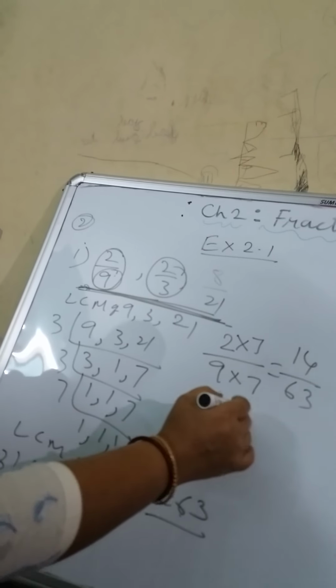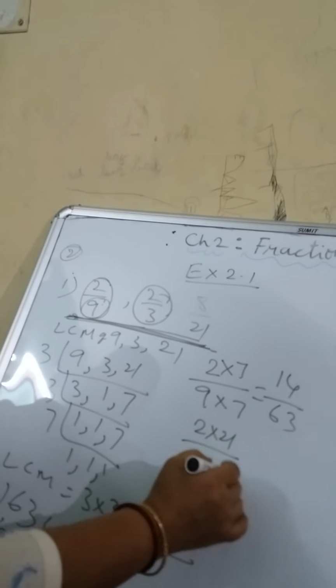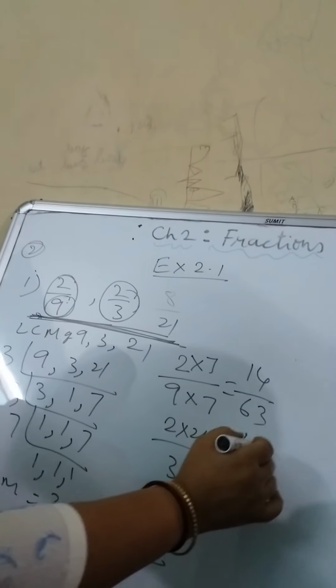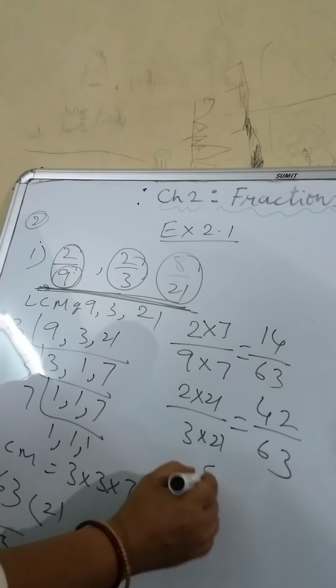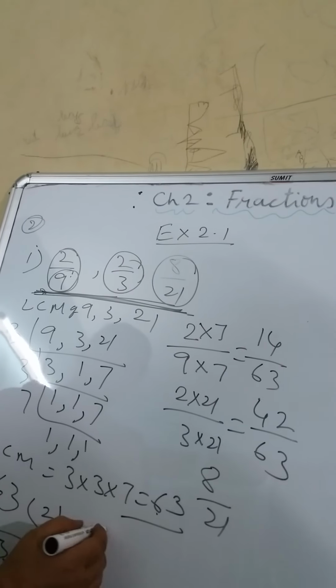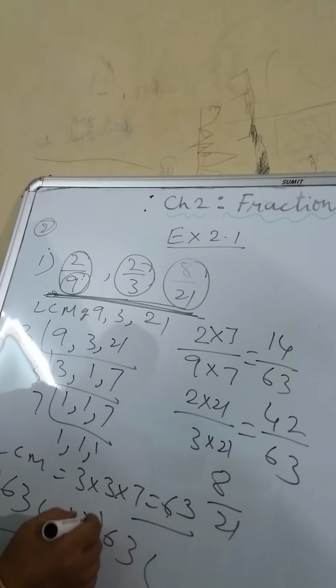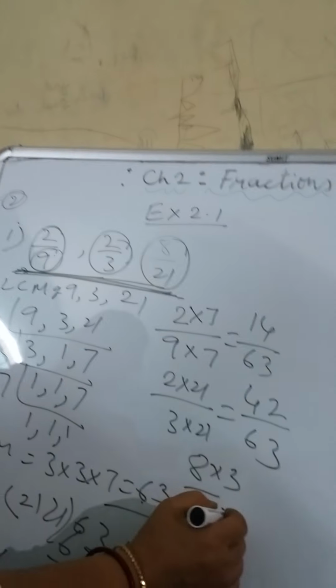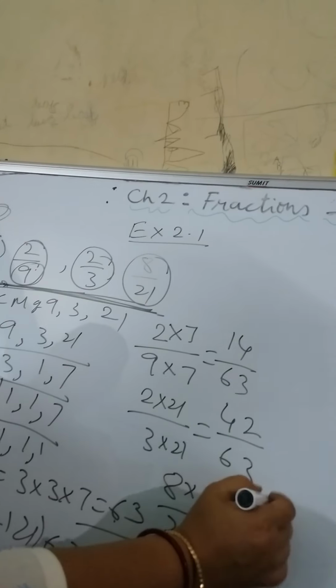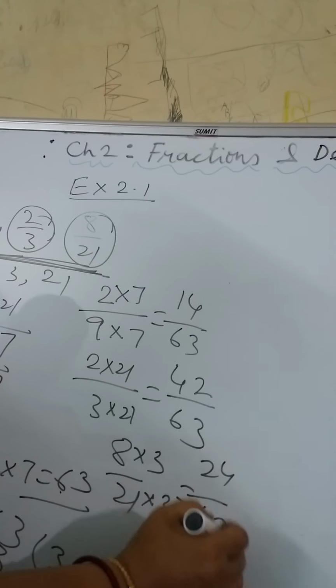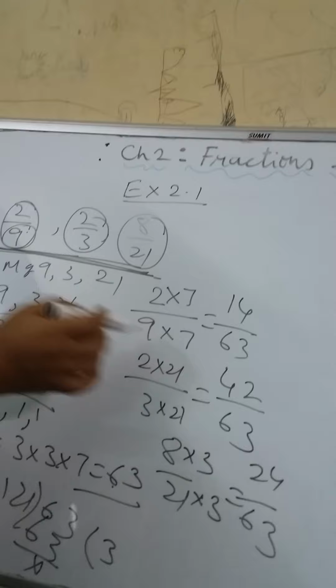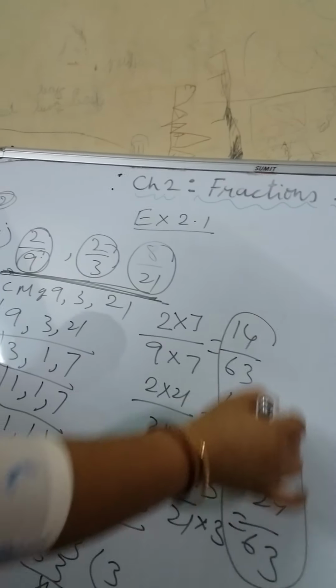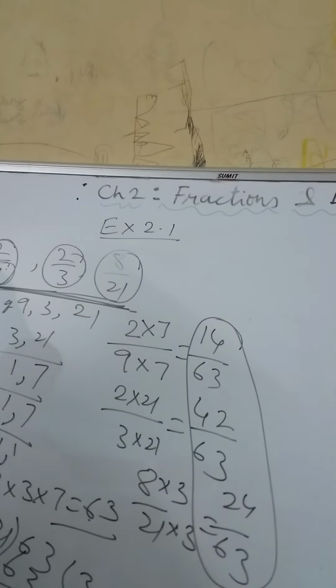So 2 into 21, 3 into 21, 42 by 63. Now 8 by 21, 63 divided by 21, that is 3. This fraction has to be multiplied by 3. Now they have become like fractions.